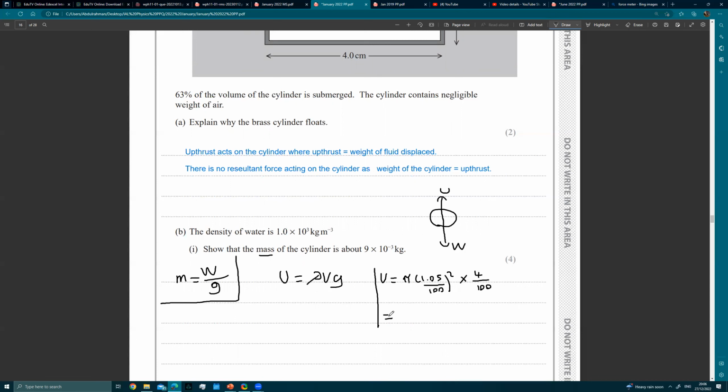If you want a decimal, 13.854. Volume, centimeters cubed. Okay. I want meters cubed, please.